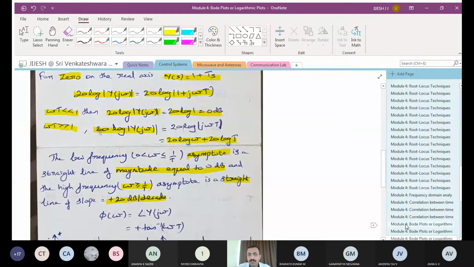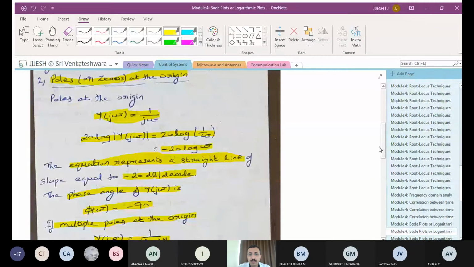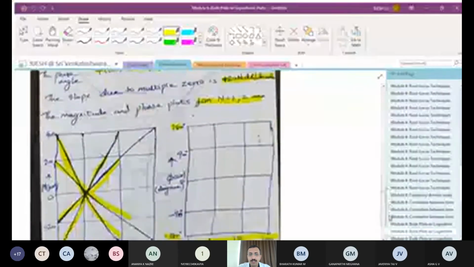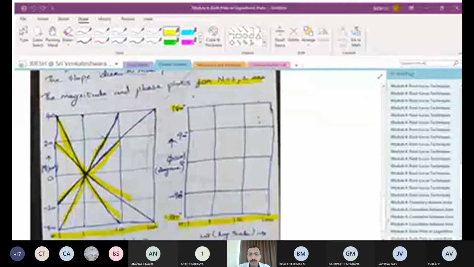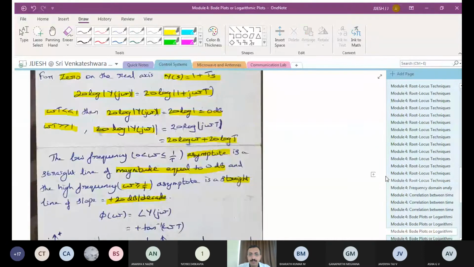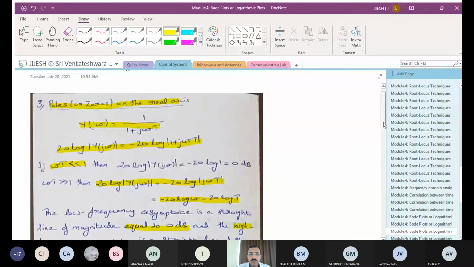You have seen in the previous class, when the poles and zeros are at the origin, how the plots will come for the magnitude plot and the phase plot. Today we discussed the case where the poles and zeros are on the real axis.